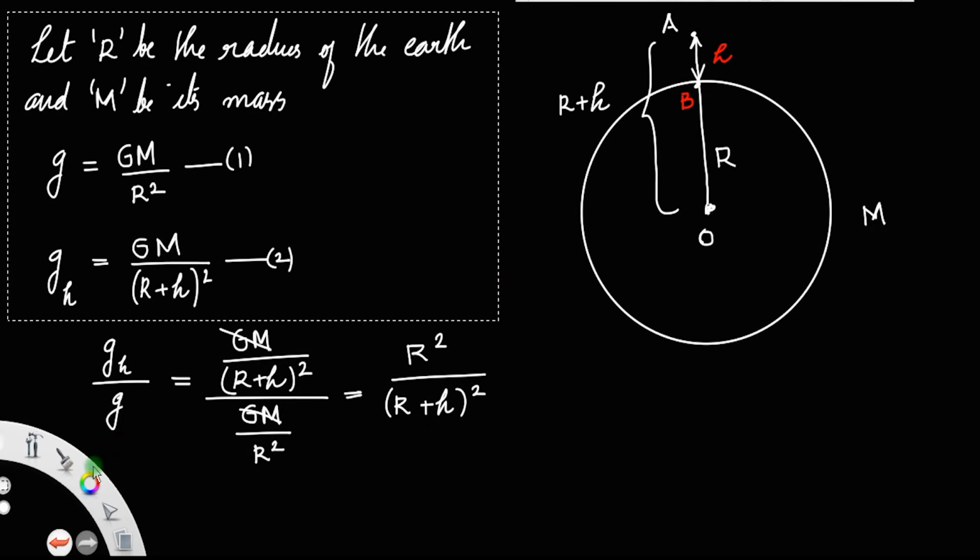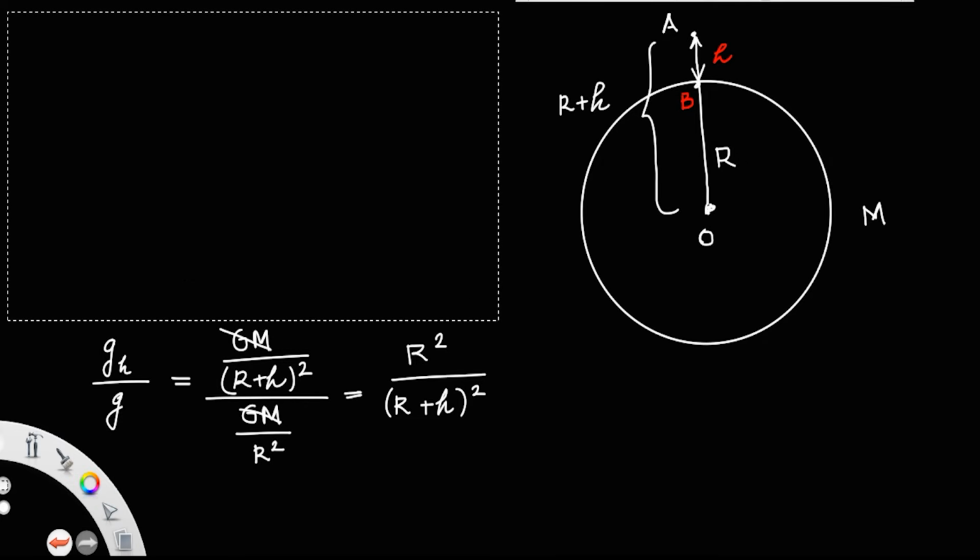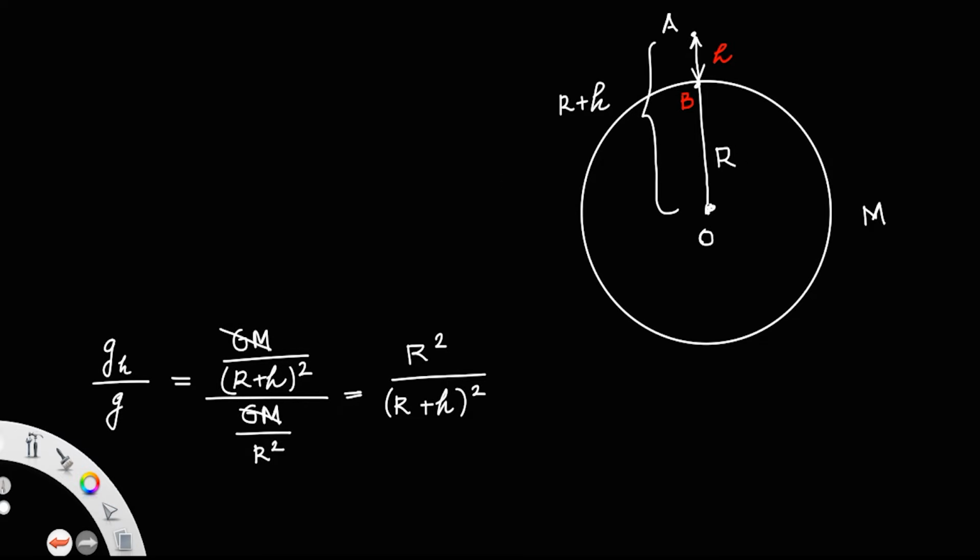Now let's take, this is gh by g is equal to, now let's take this r outside, so this will be r square divided by, if you take r outside, this will be 1 plus h by r.